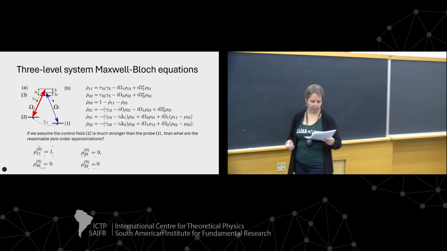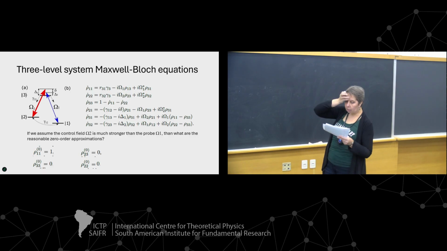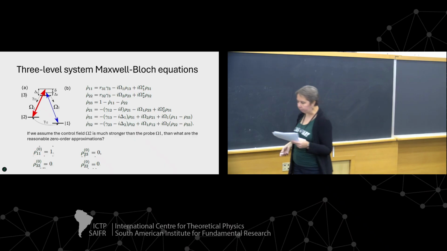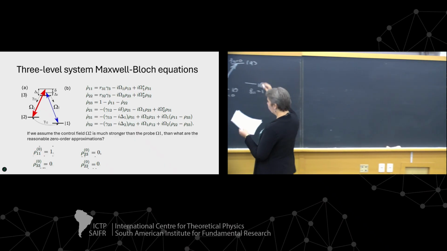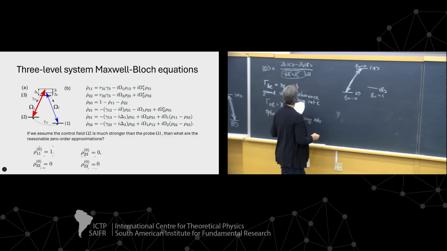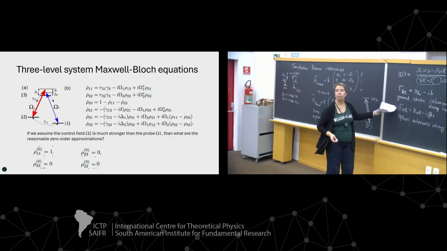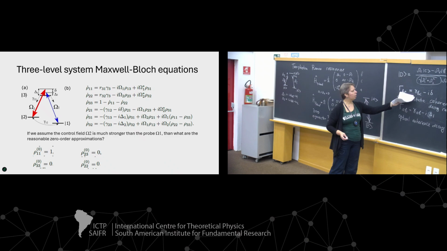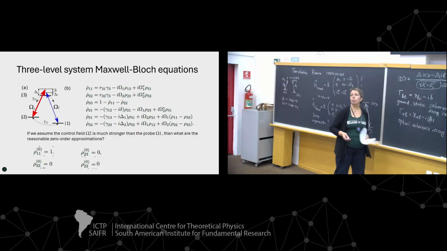exciting things about EIT. Now, if you look at this in these levels and you make this approximation, we can see something very interesting. Again, I will be using generalized decays, which include both decays of the ground state coherence and the optical coherence for the probe, and they contain the two-photon detuning and one-photon detuning.